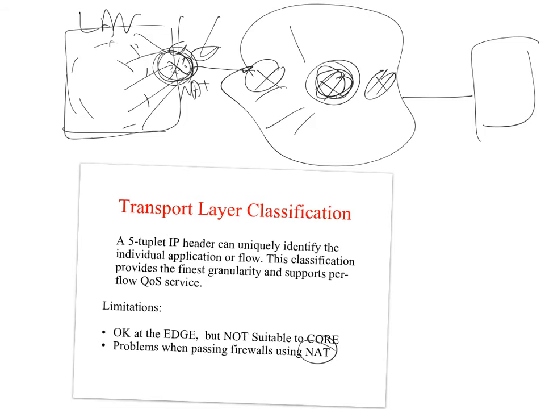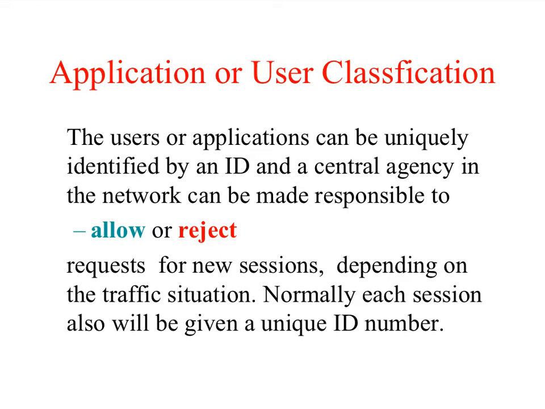So these are the limitations when it comes to providing different behaviors from the transport layer point of view. From the application layer, we have access to two things mainly. Either the application identification, so we can have some ID for the application itself that identifies that this application, for example, is an FTP application or a special application of some sort, or we can provide user identification.